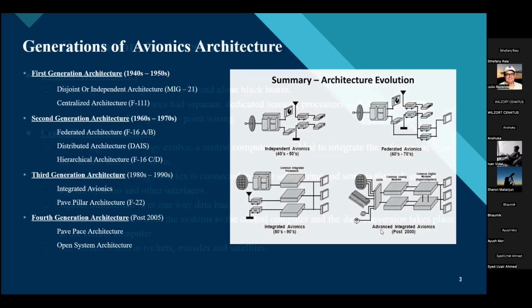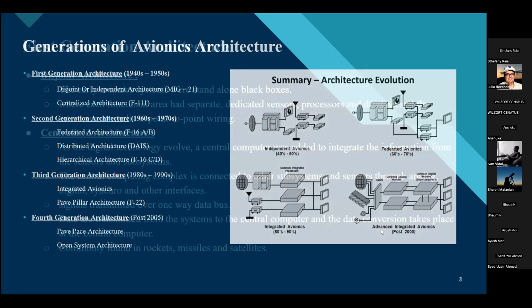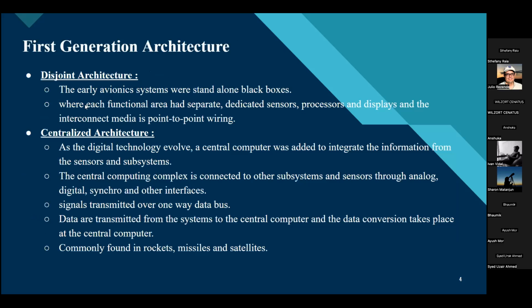Moving on, we'll talk in detail about disjoint architecture. It's basically the early avionics systems where standalone black boxes were used, and a functional area had disparate dedicated displays, and the interconnecting medium was point-to-point wiring. Then we have the centralized architecture, where everything was in a central computer and everything was connected to it.